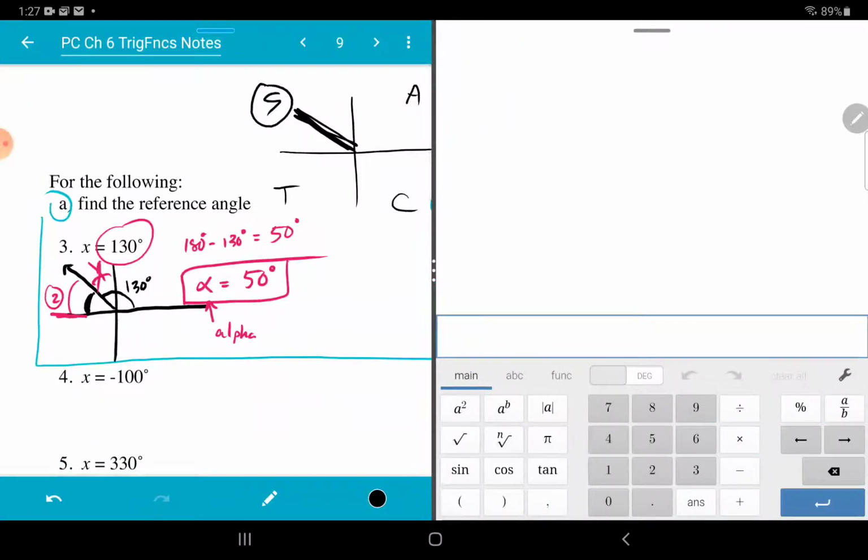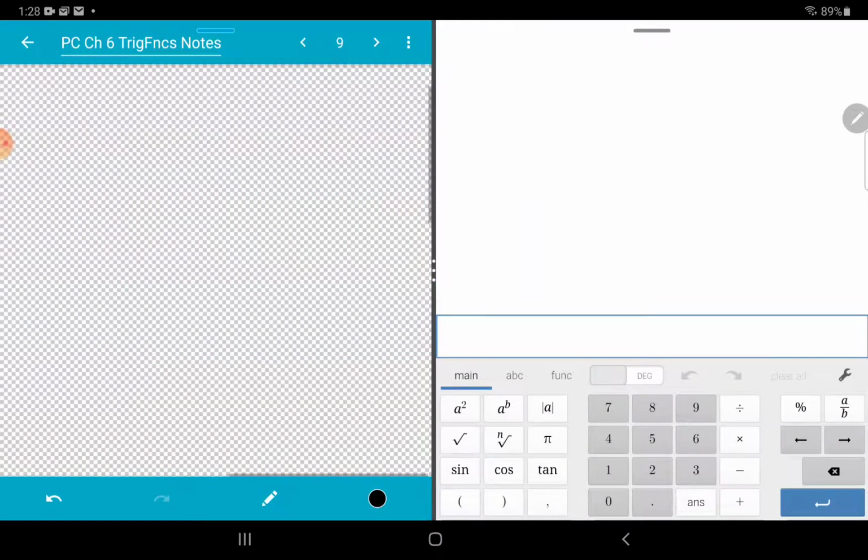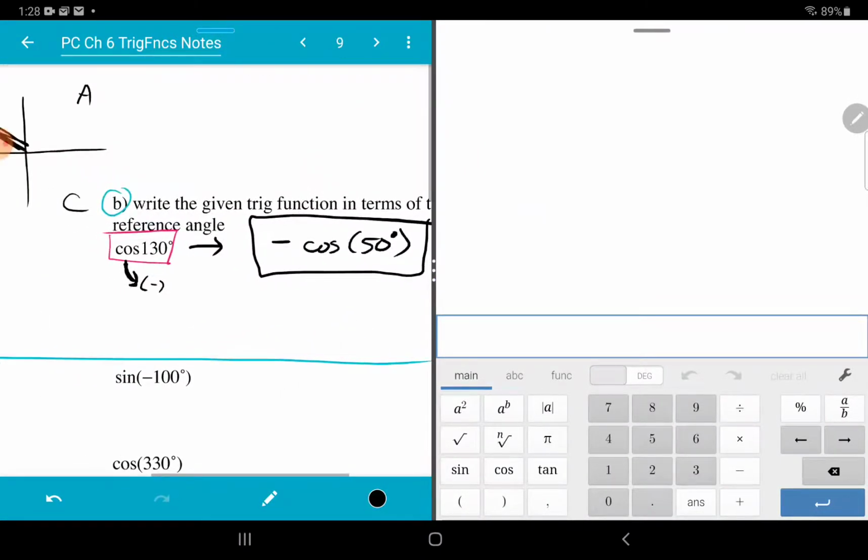So what I want to show you is that if we establish that we have cosine of 130 degrees, I'm going to go ahead and type that in, cosine of 130 degrees. Notice how we get a value of negative 0.6427, blah, blah, blah, right? Now, if we do cosine of 50 degrees, its reference angle, notice you get a value of 0.6427.